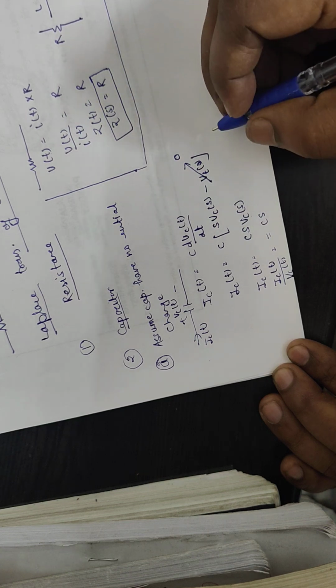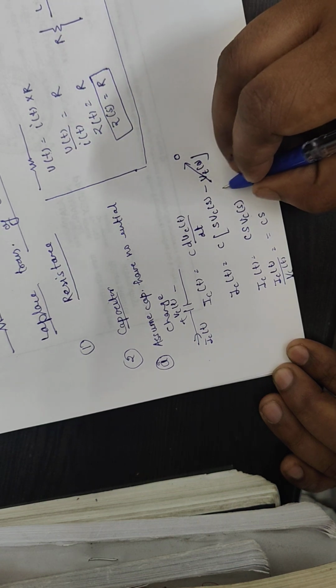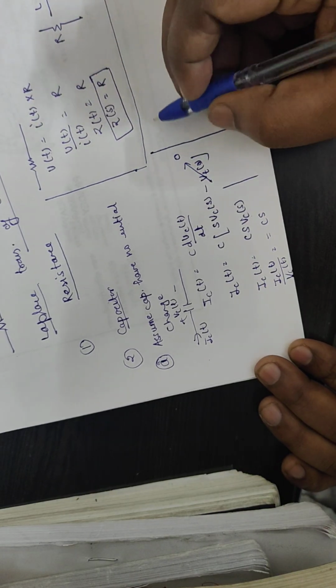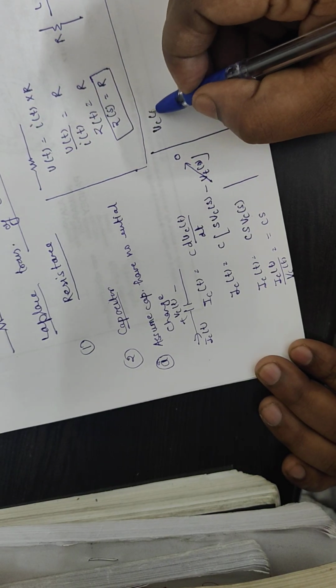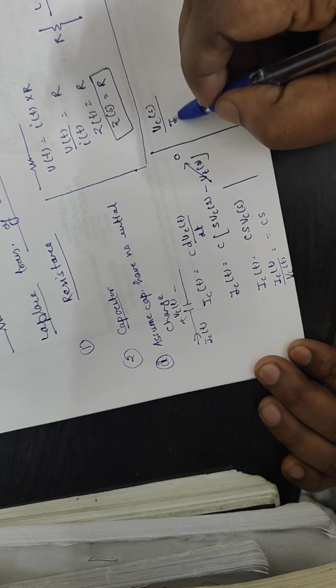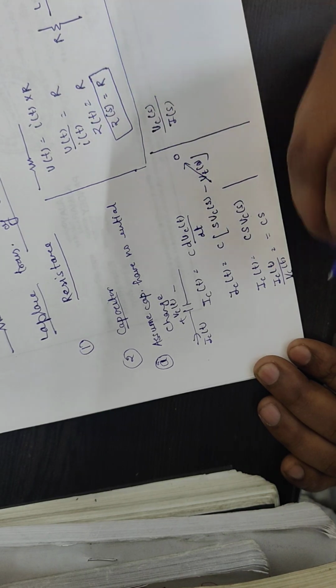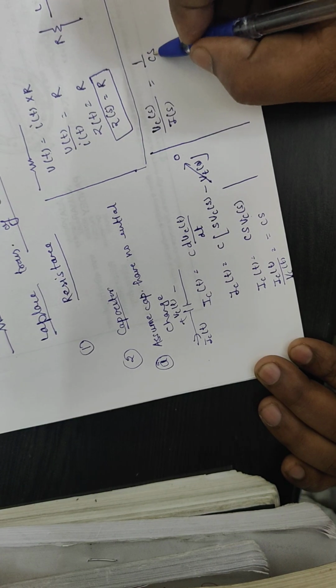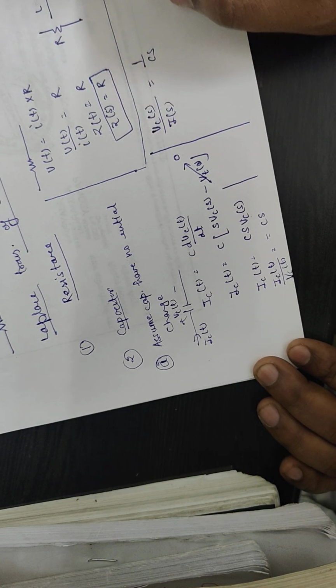If we calculate V(s) by I(s), that will be 1 by Cs.